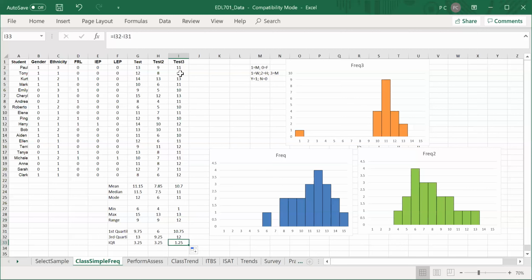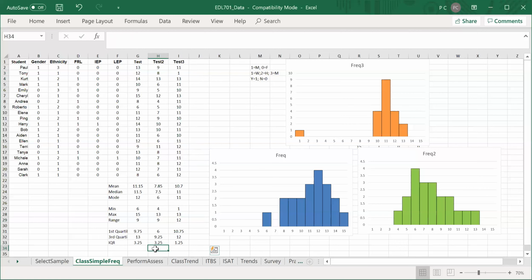So I can move this back. The original score is 10. You can see that the range is smaller, but the interquartile range remains the same. If I change back to 1, you see that the range is getting larger, but the interquartile range does not change. So the interquartile range is another way to look at the spread.